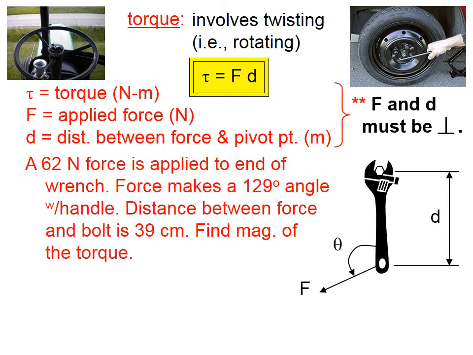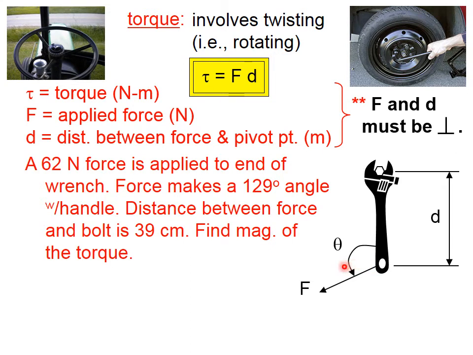Now, what that means is that the component of the force that is perpendicular is the only one that's going to generate torque. So what we need is not just this force here. What we need is the force that is perpendicular.